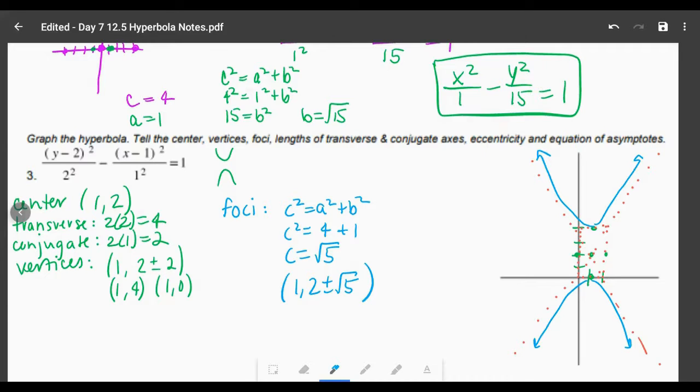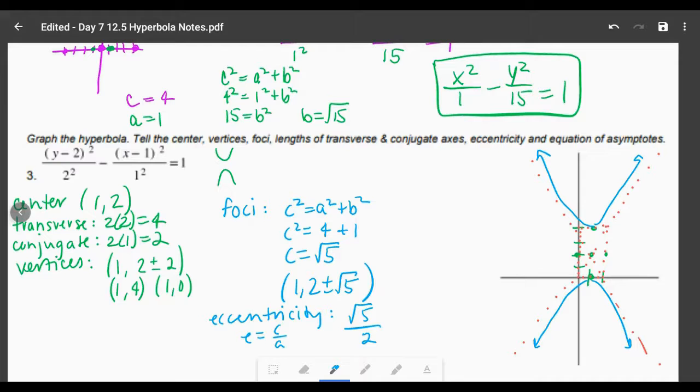My eccentricity is c over a, and we already found our c, which is root 5, over a, which is 2. And that does not simplify or rationalize, so that would be my final answer for the eccentricity.